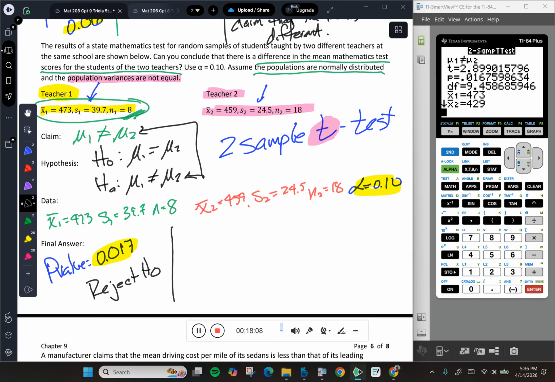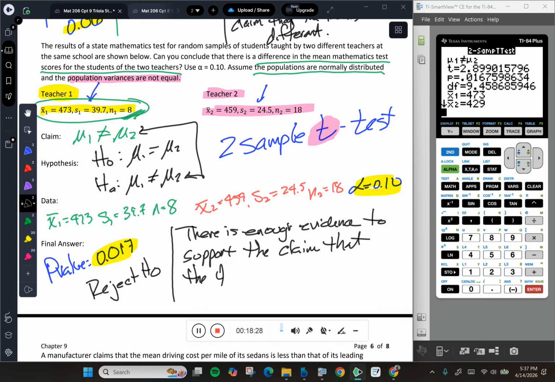So there is enough evidence to support the claim that the two groups have different mean test scores.